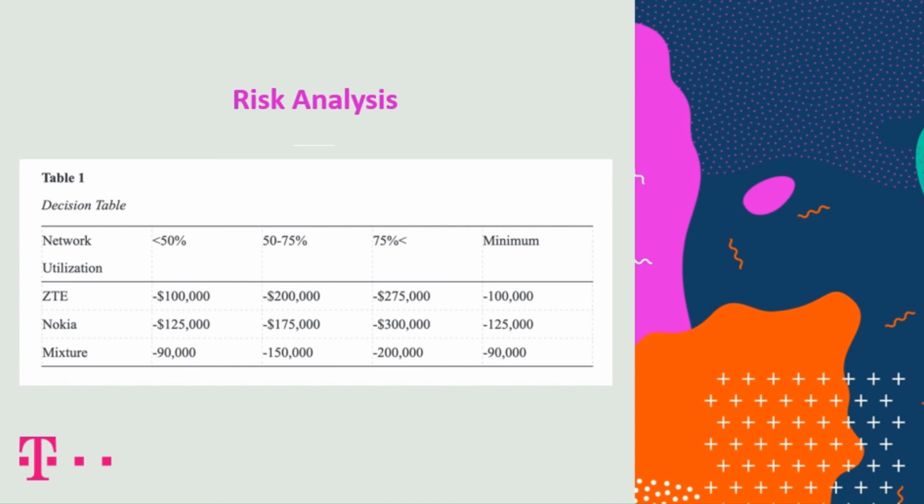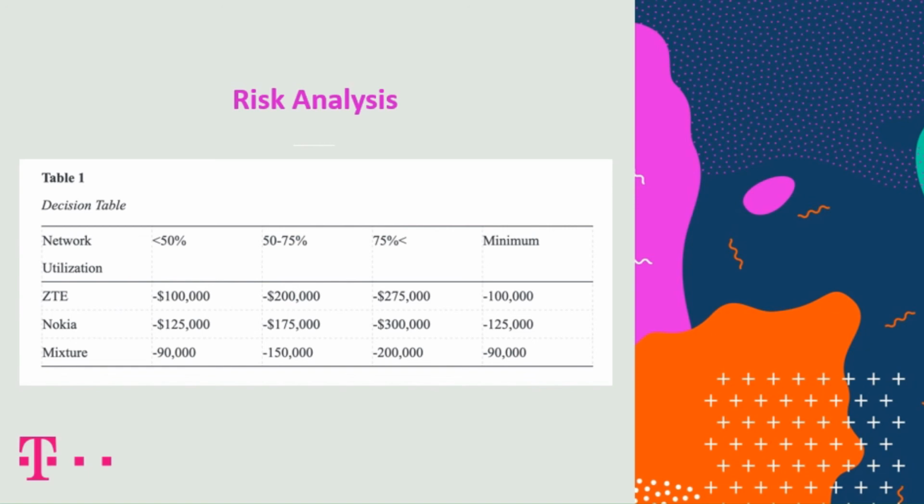The worst case scenario here is actually depicted in the 75% or greater column. That would be when the equipment is being put to the test and is under the most stress due to the increase in network utilization.